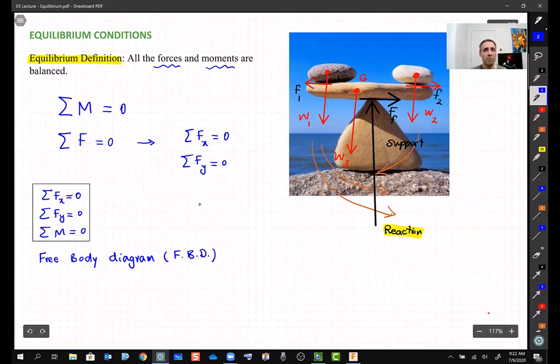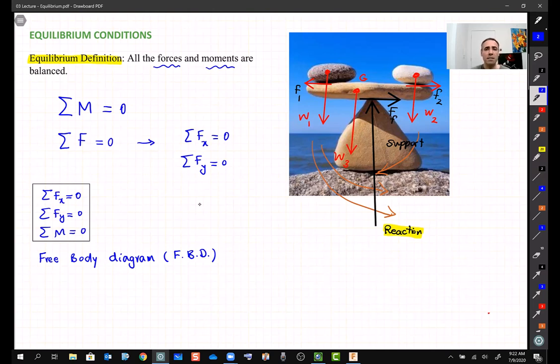And it's going to be your friend for the rest of this course. You need to master these FBD things if you want to solve a problem correctly. In fact, 90% of solving a problem correctly in this course comes back to this free body diagram. But what it is, it's super, super simple.